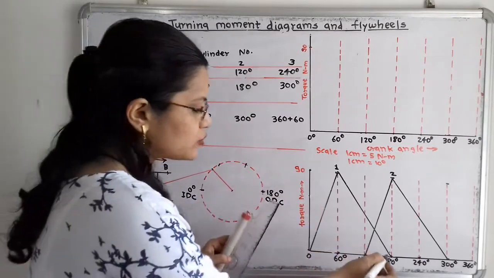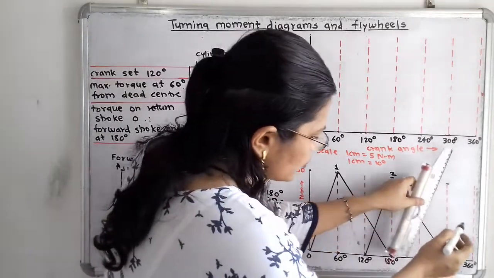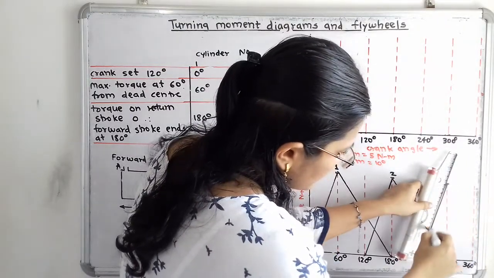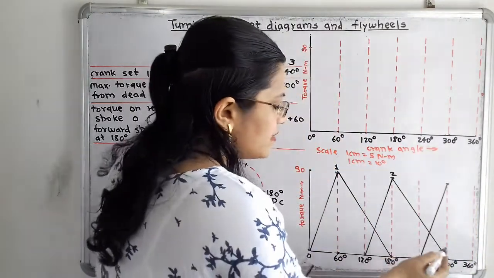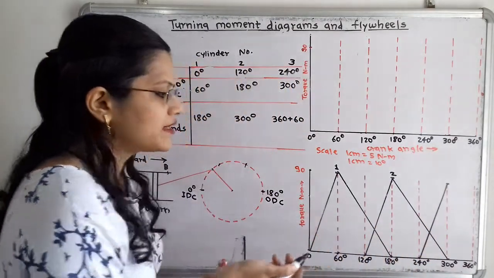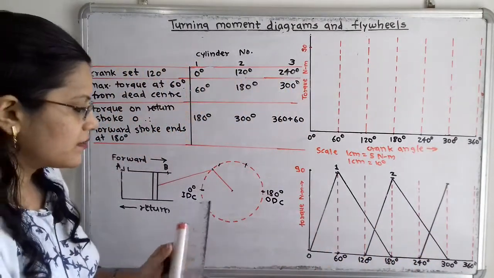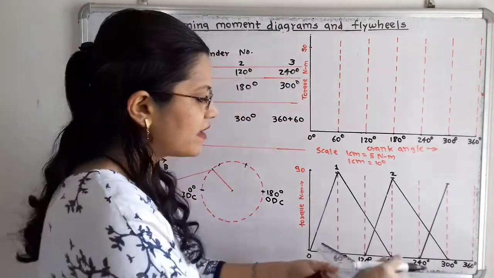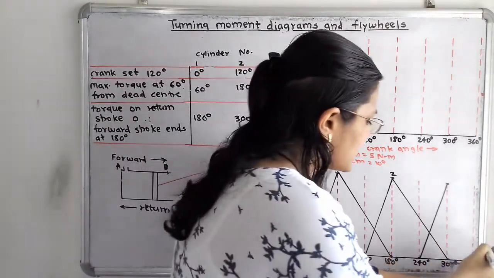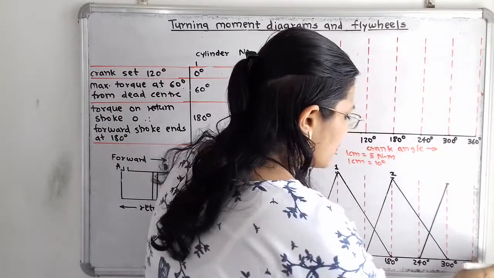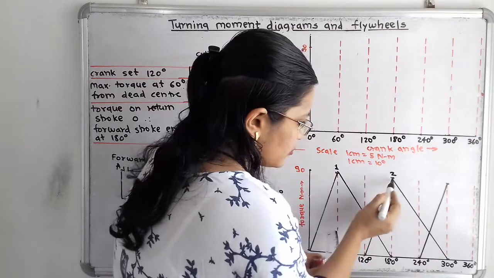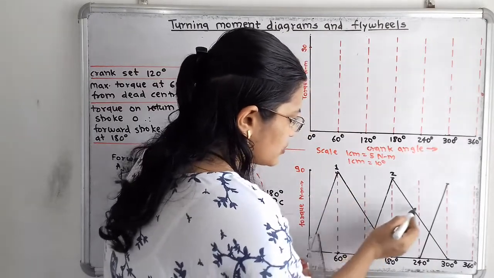First I will join these 2 points, that is 240 to 300. Then how to join the next: we have to take the next 60 degree. If I take the next 60 degree with the scale, then we have to make a line parallel to these lines. These lines are also parallel to each other.